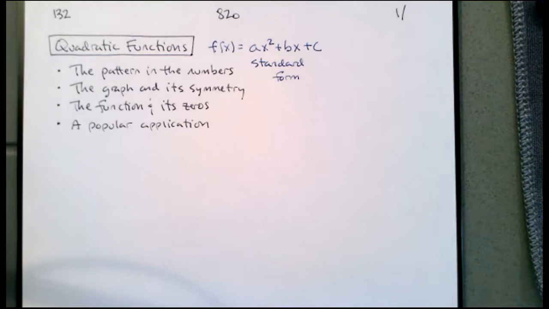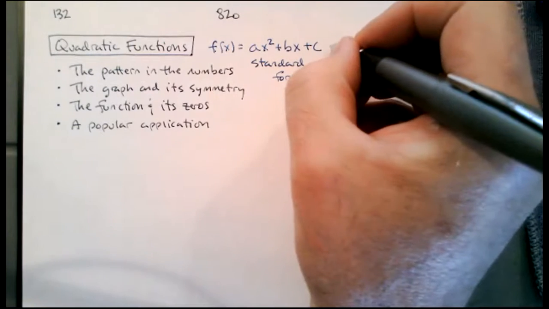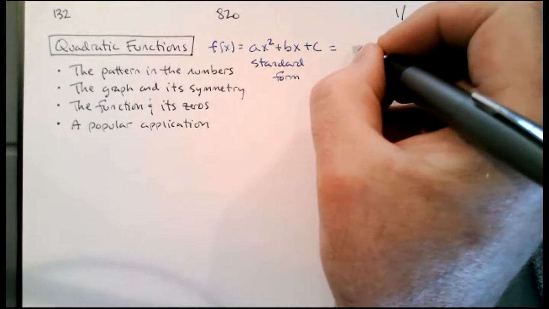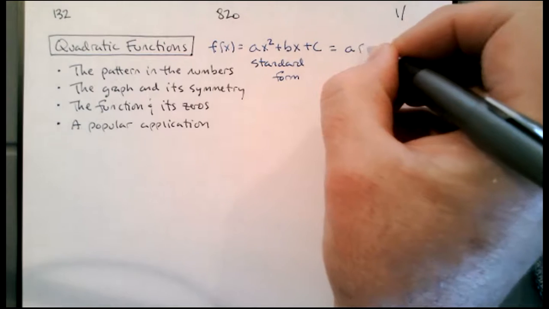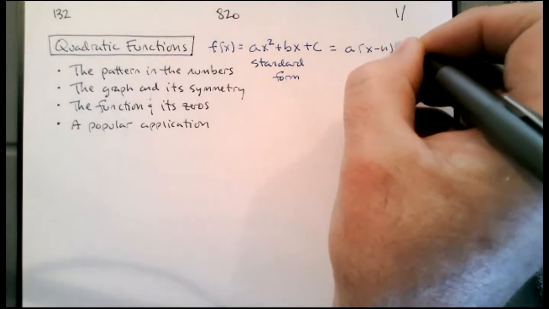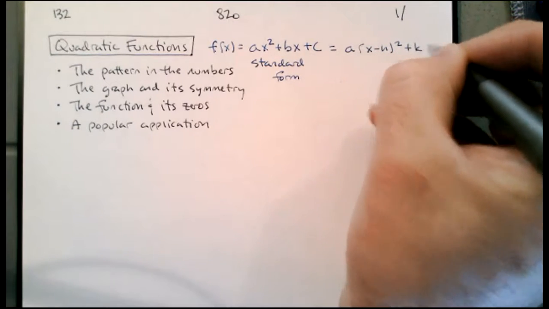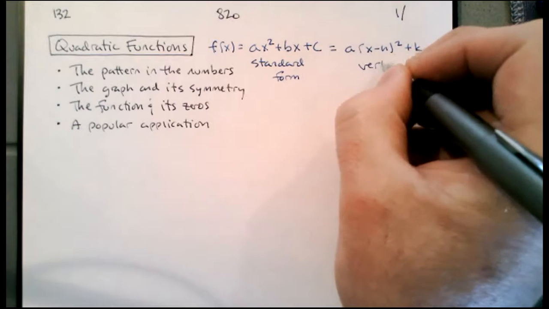There's another important form that we want to look at right next to this one, and that is that we can rewrite the standard form in a vertex form. So this is what we're going to call the vertex form.